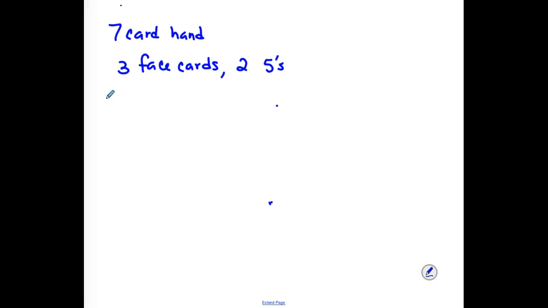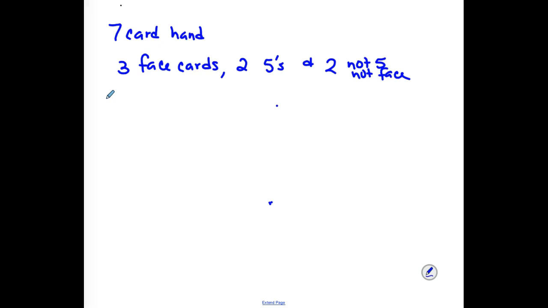Have I described all the cards that I want, or that would be in my hand? I've described 5 of them, right? 3 face cards and 2 5s, and we had a 7-card hand, so there's still 2 that are what? Okay. All right, not 5 and not a face card, correct? Okay, so let's start building it.